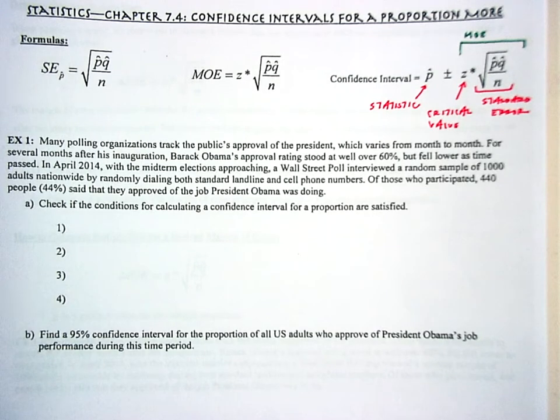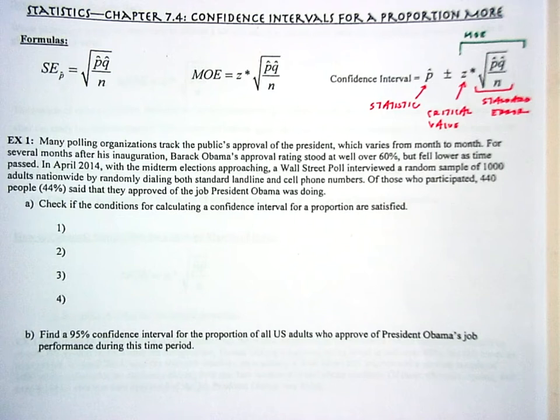All right, so we have one big example that's going to carry us through. So many polling organizations track the public's approval of the president, which varies from month to month. For several months after his inauguration, Barack Obama's approval rating stood at well over 60%, but it fell lower as time passed.